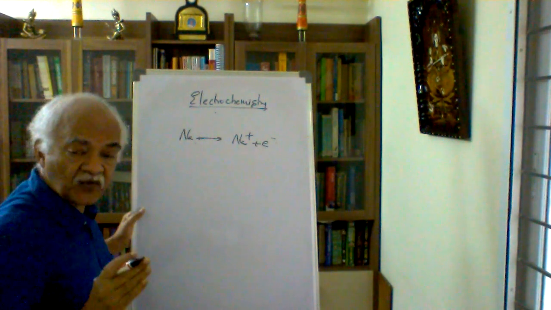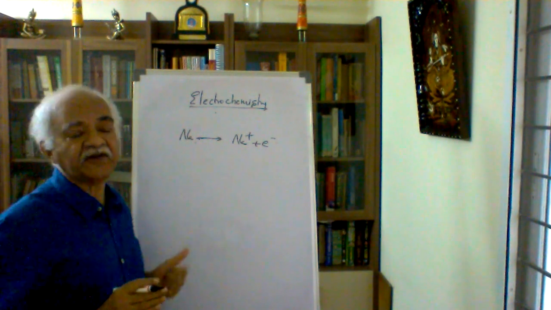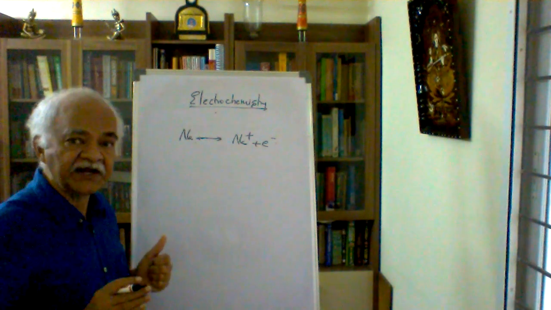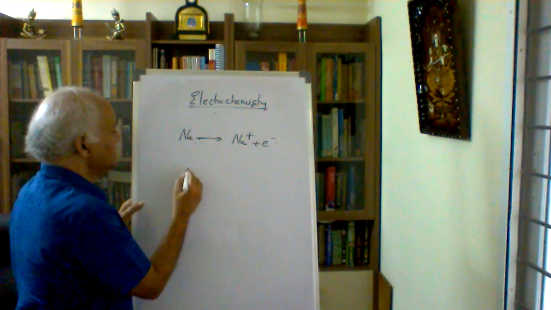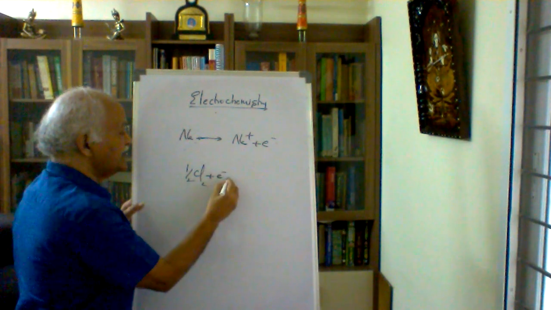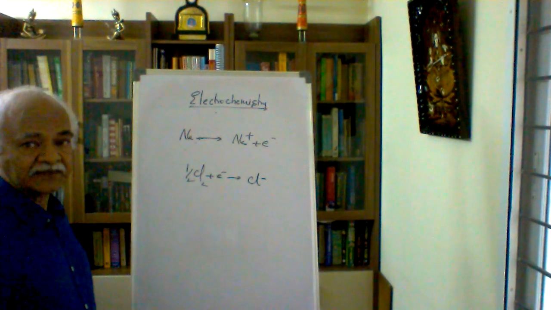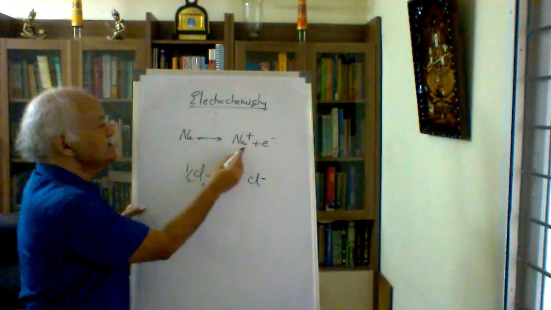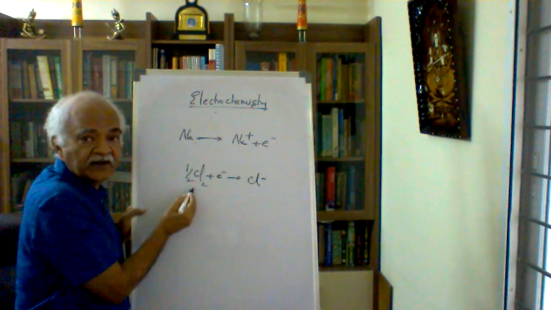That is because we have called this topic electrochemistry. Let us focus on this type of writing of the reaction to gain greater insight into redox reactions. Suppose next I am taking chlorine, and it has accepted the electron to get converted to Cl minus. That means sodium is losing an electron and that lost electron is gained by chlorine.